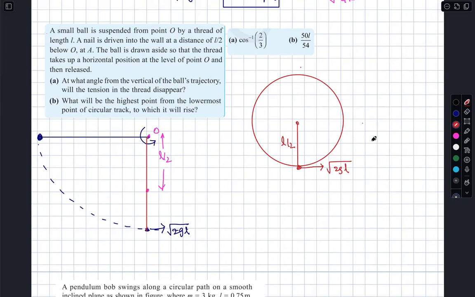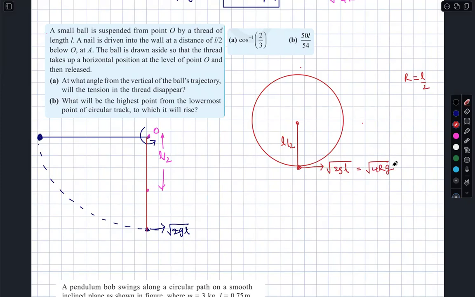Actually, in terms of radius, the radius of this circle is L by 2. L can be written as 2R. This is root 4RG.